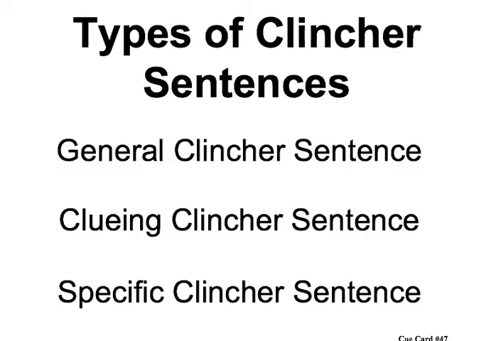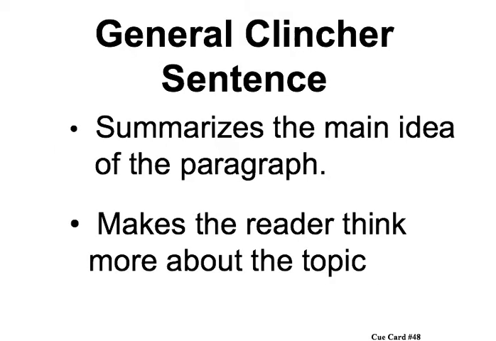So, there are three types of clincher sentences. You have your general clincher sentence, your cluing clincher sentence, and your specific clincher sentence. They work similar to your topic sentences. Your general clincher sentence summarizes the main idea of the paragraph, and it makes the reader think more about the topic.